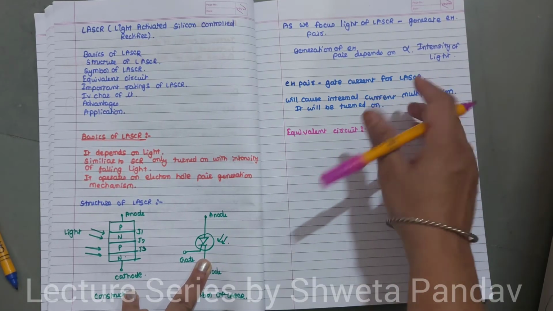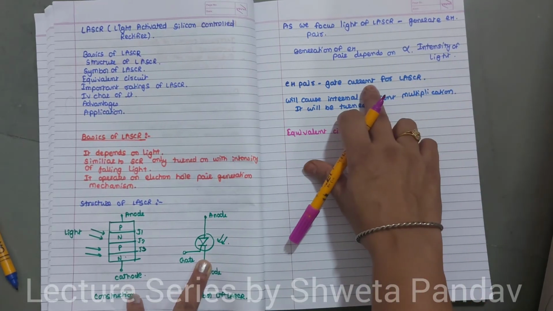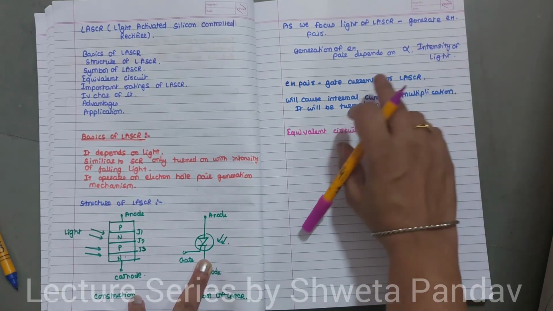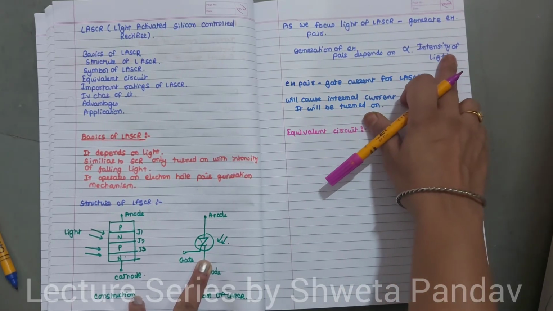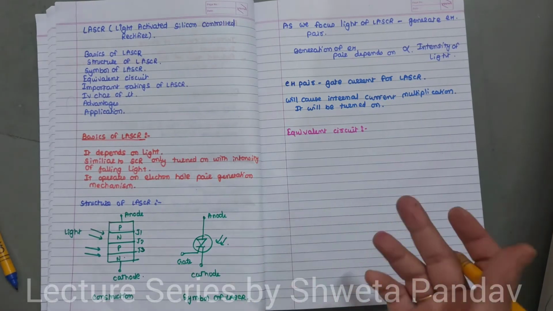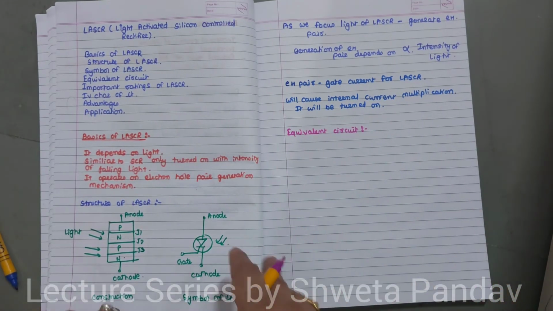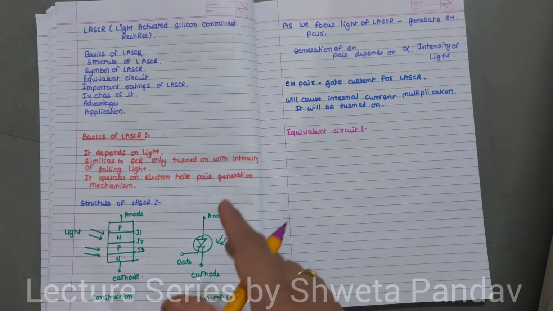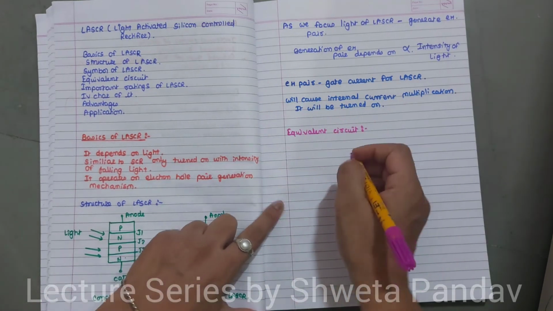As we had seen in the normal SCR, as we provide the gate current, the SCR will be turned on. Here the gate current is proportional to the intensity of light. So as the gate current is given, the LASCR will be turned on.